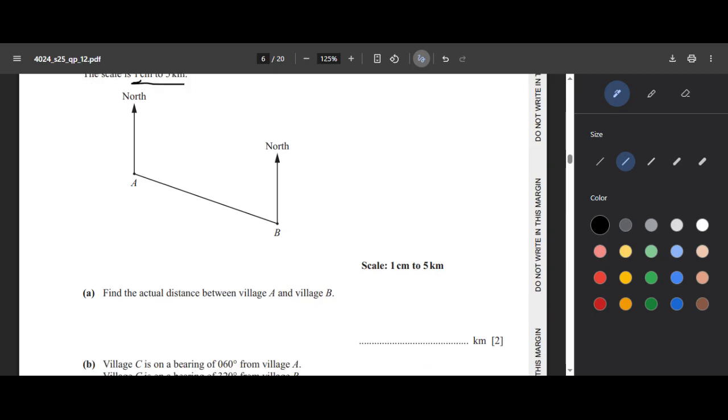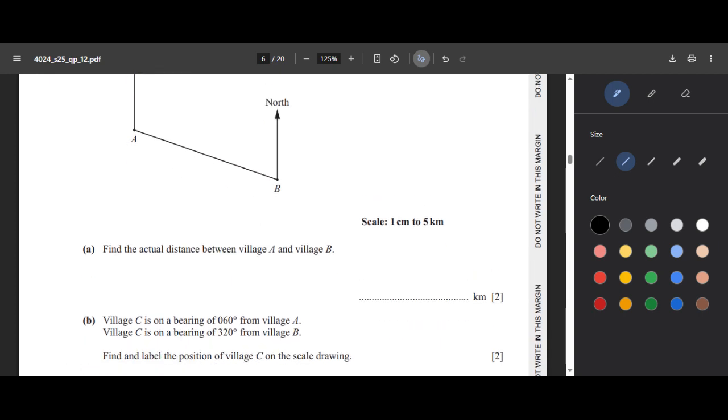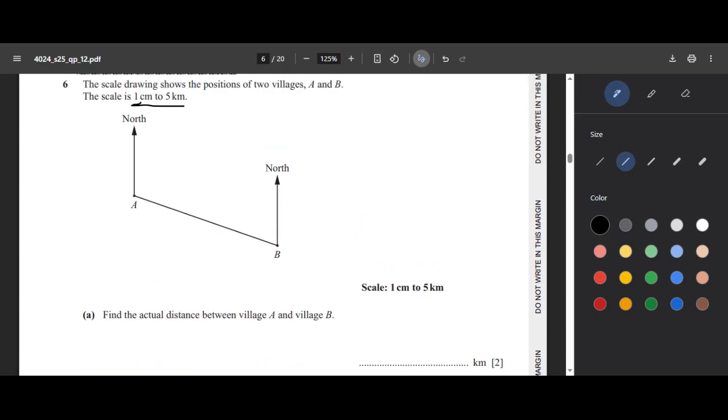Next is the part: a village C is 60 degrees from A and 320 degrees from B. So here for 60 degrees, first you will mark here. Your bearing is always measured moving towards the right side. So let's suppose this is the line of 60 degrees.